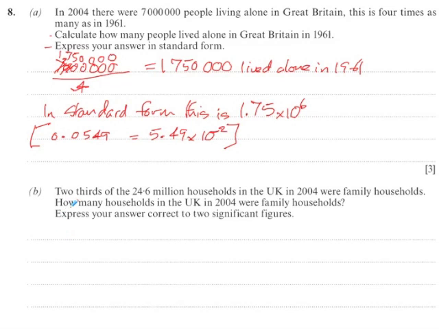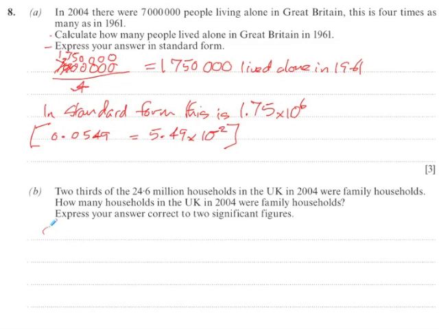Now the second part of the question, again, is simple maths to start with. It says 2/3 of the 24.6 million households in 2004 were family households. How many households in the UK were family households?